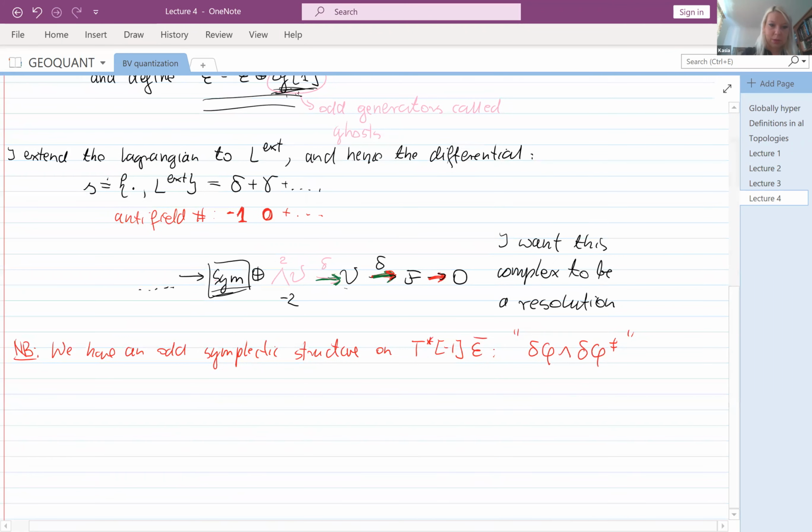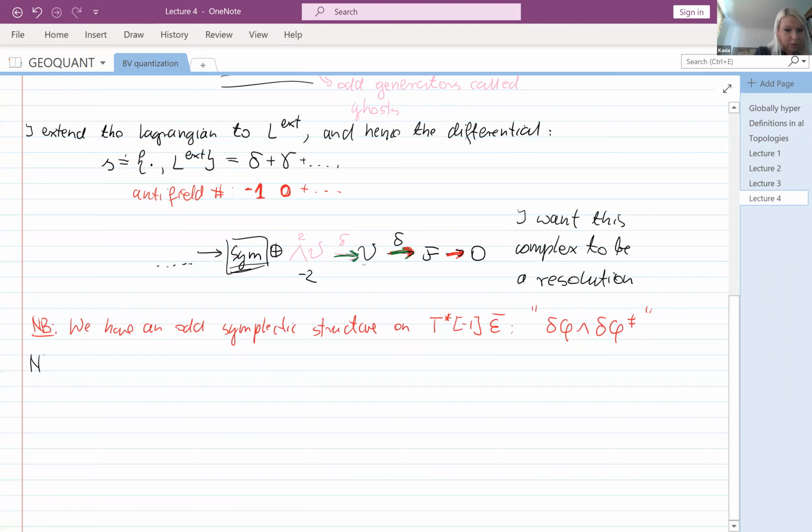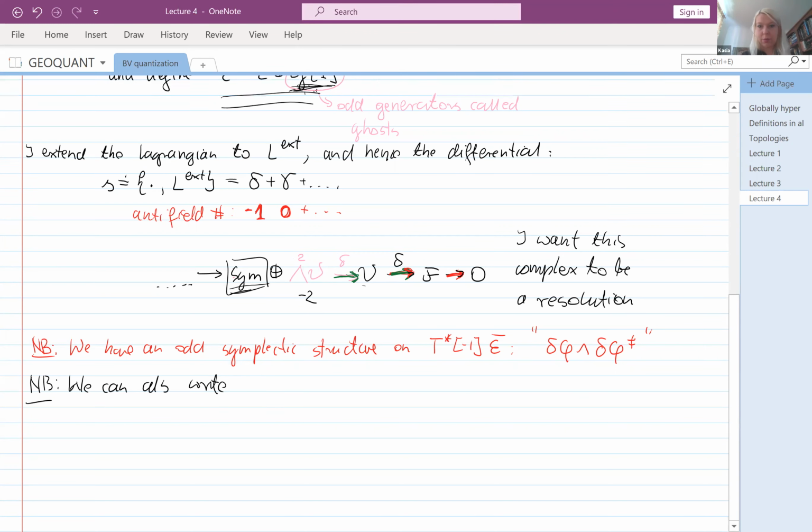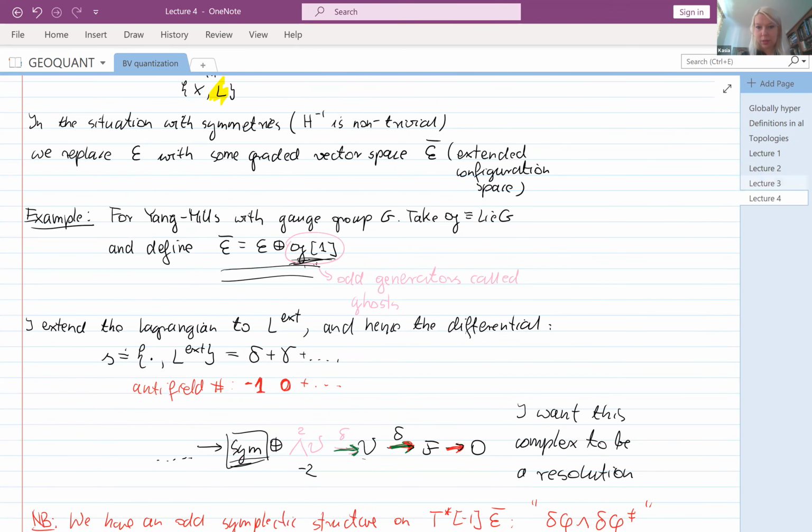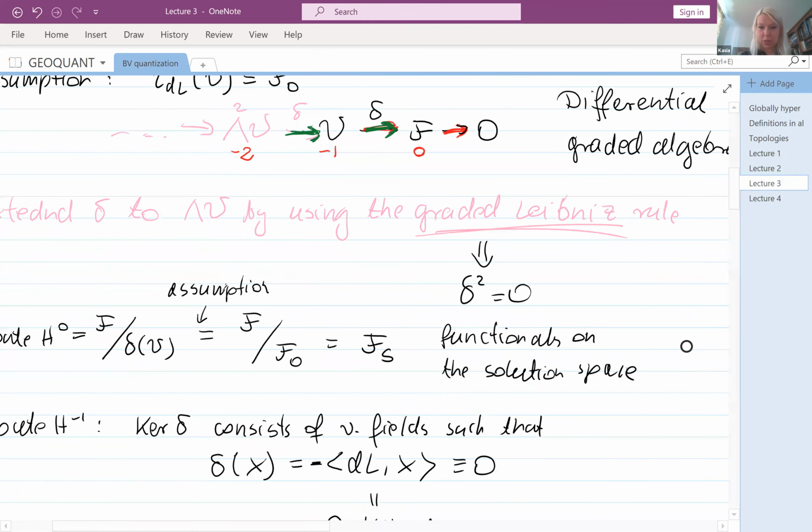Okay, so we can also write this. Antifield number is the number of those odd generators.